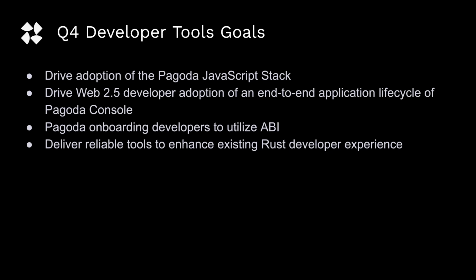And with that, we're also building an end-to-end application cycle with the Pagoda console team, where we will be bringing Web 2.0 developers into our ecosystem and providing them with a platform where they do not have to leave Pagoda console in order to create a smart contract and deploy their DApp onto the mainnet. So that is a very ambitious goal and something we're working on cross-team.